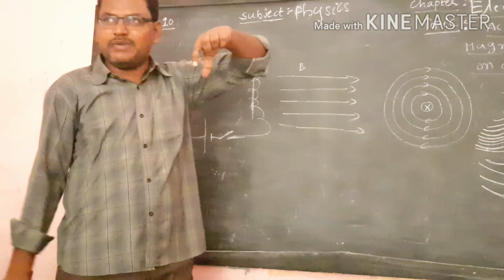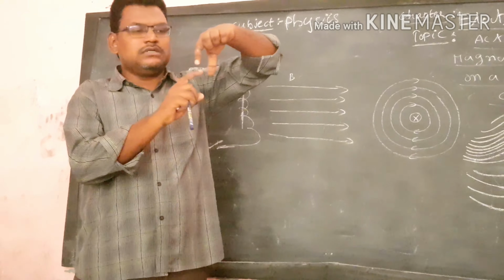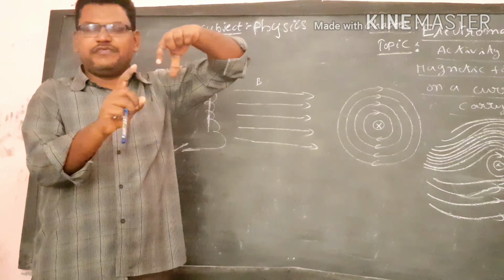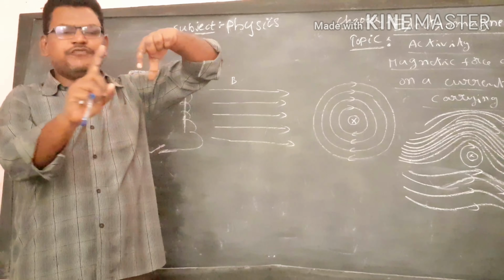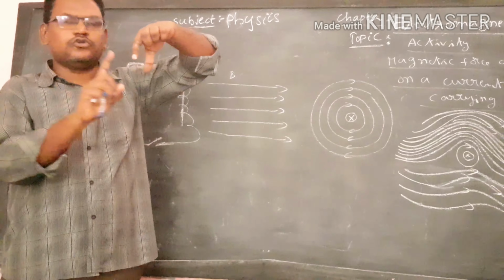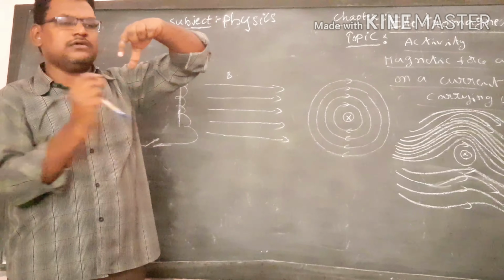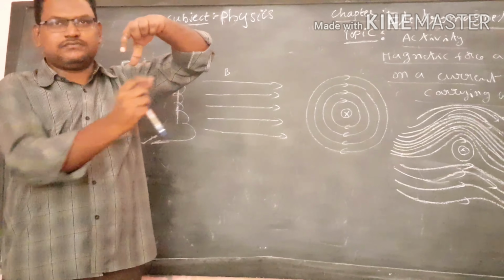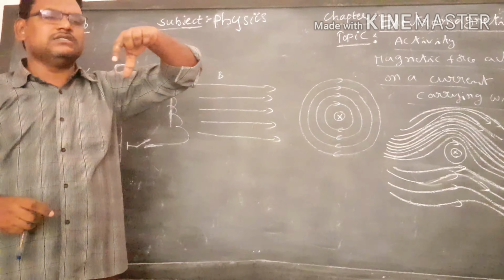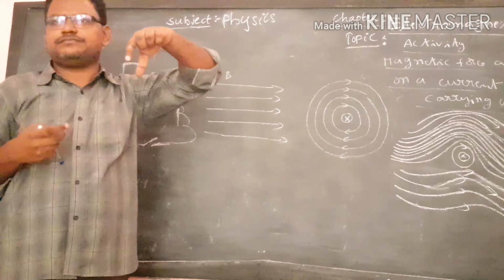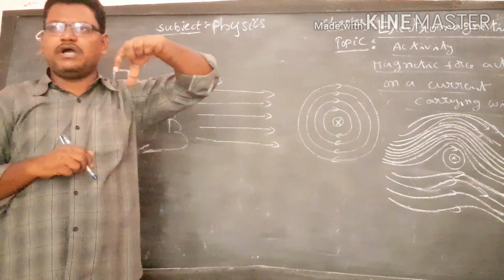The two poles of the horseshoe magnet create a uniform magnetic field from the north pole to the south pole, and the current is flowing along the wire from left to right, or right to left. Now let's see in what direction the magnetic force acts on a current carrying wire.